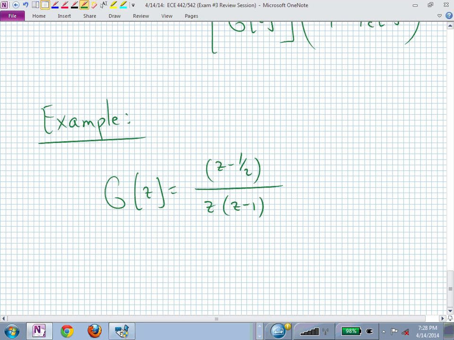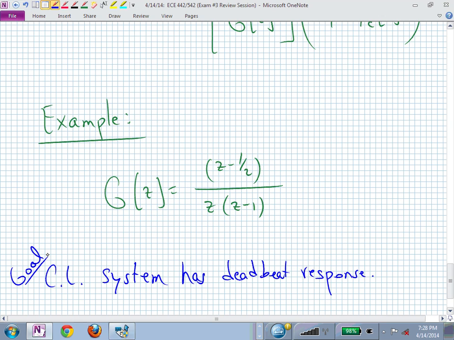I say, I want your closed loop system to have a deadbeat response. Any of those restrictions in play?